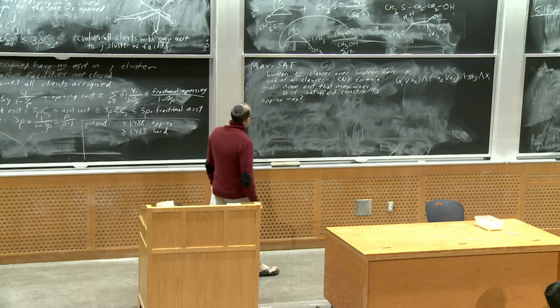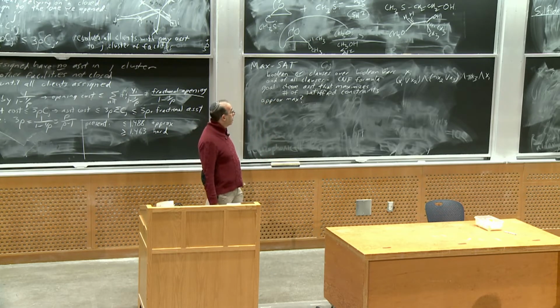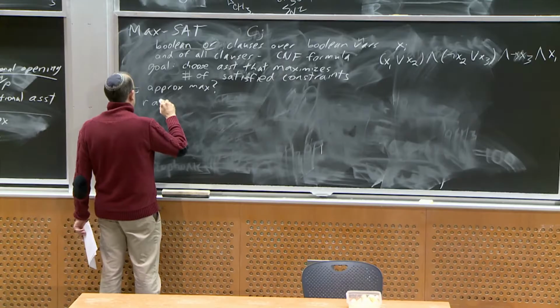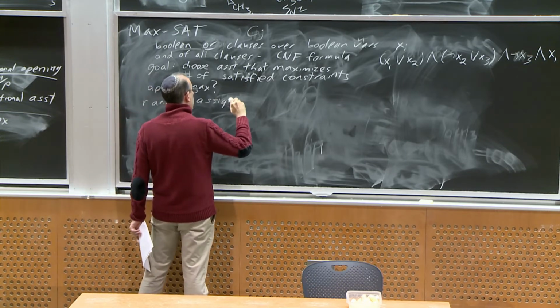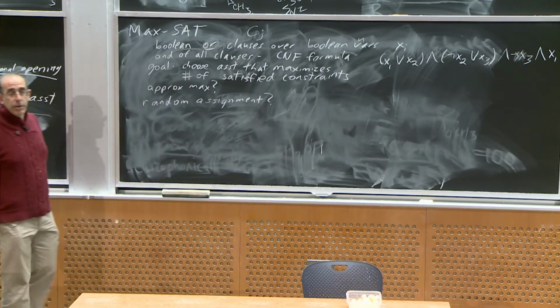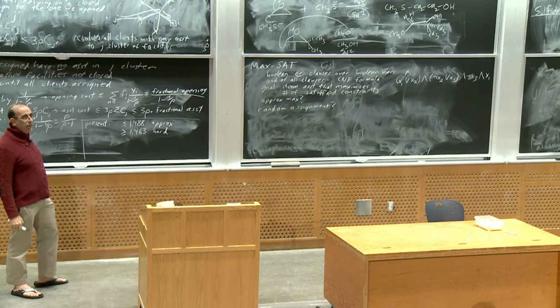So before we get to the linear program, let's try something really naive. What if we do a random assignment? What if we just flip coins for the different clauses?